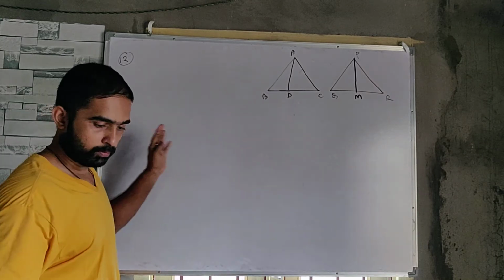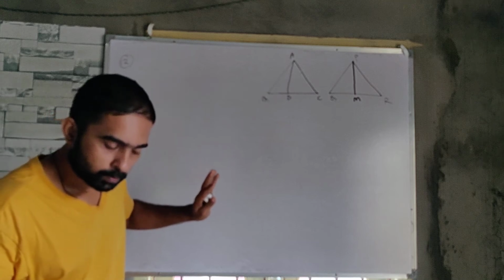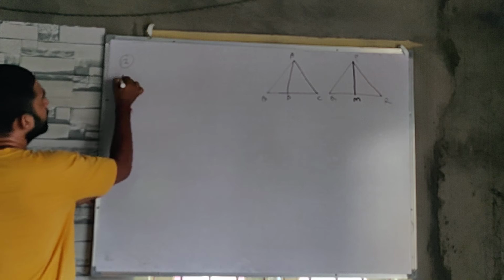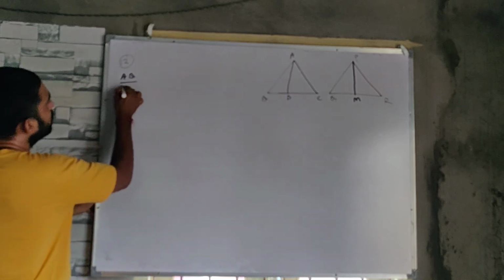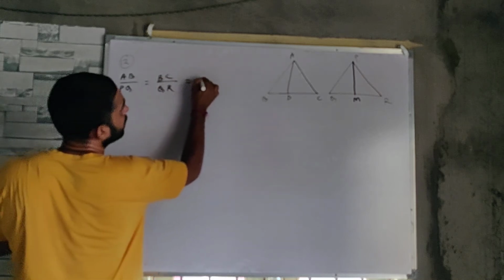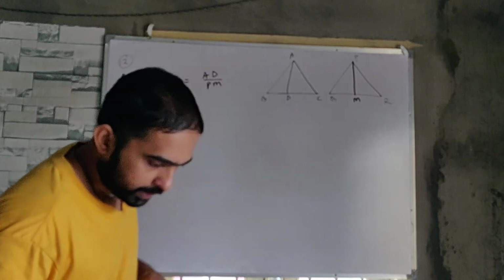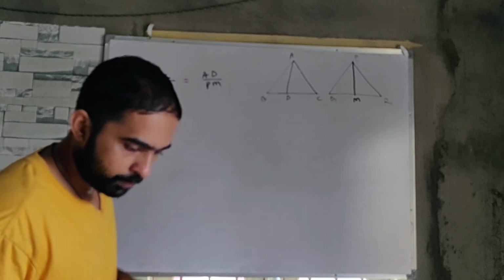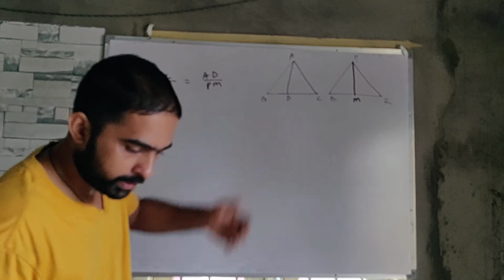Write the restatement by yourself. I am just going to show the proof part. AB by PQ equals BC by QR equals AD by PM. Sides AB, BC and median AD of triangle ABC are proportional to PQ, QR and PM of the other triangle. Prove that this one is similar to this one.